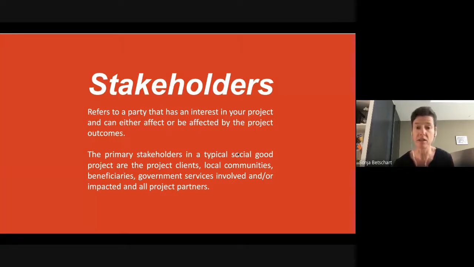And this includes, naturally, all the project partners. So when I refer to stakeholders in the next part of this session, this is who I talk about: everyone that is affected by the project and by the outcomes of the project or the work in general.